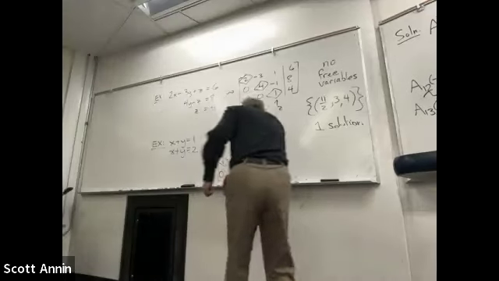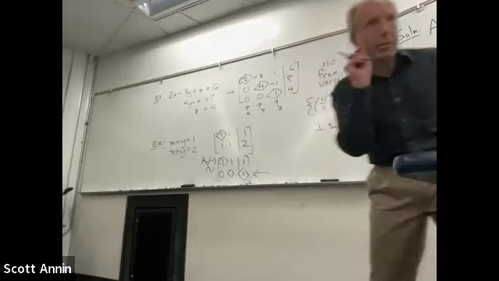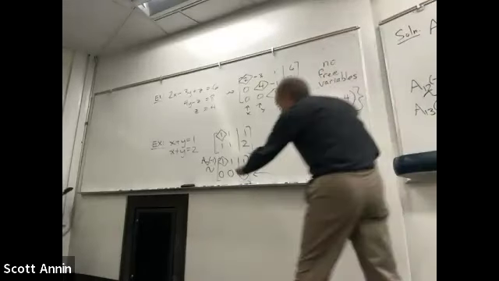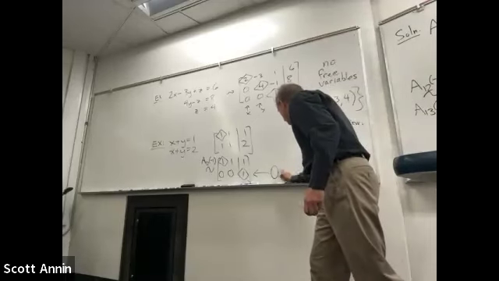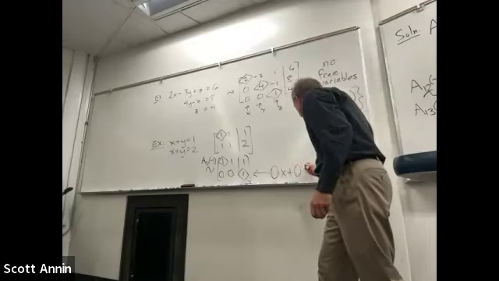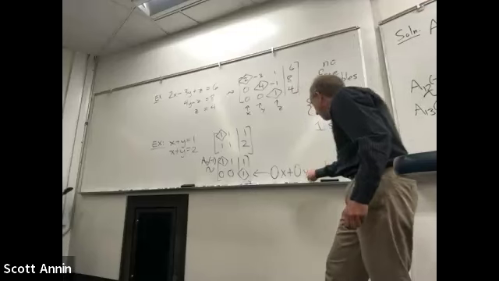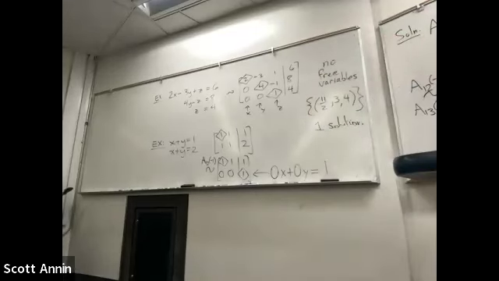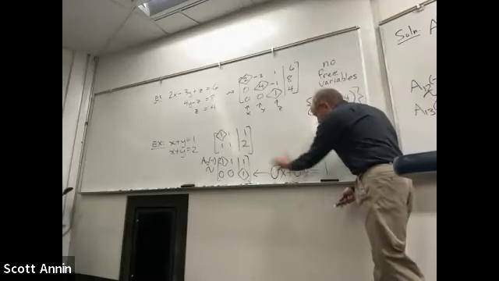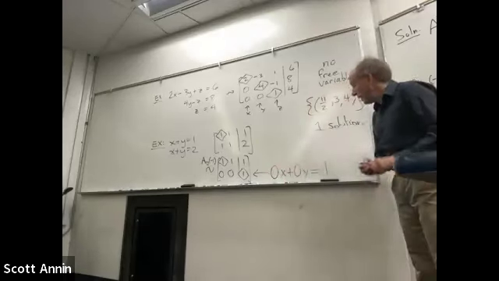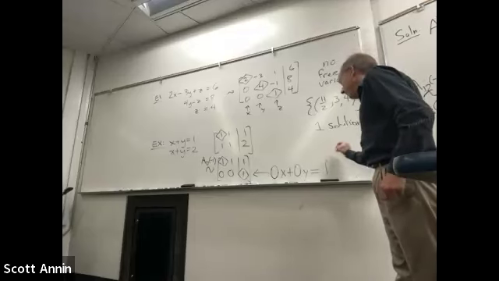Because if you look at this second row here, what does this say as an equation? It tells me that 0 times x plus 0 times y is supposed to add up to 1. That's the way you would read that equation out. And of course, this is impossible because the left side is 0 for sure. The right-hand side is not 0.